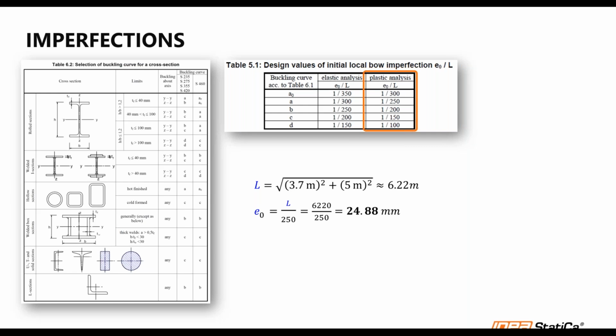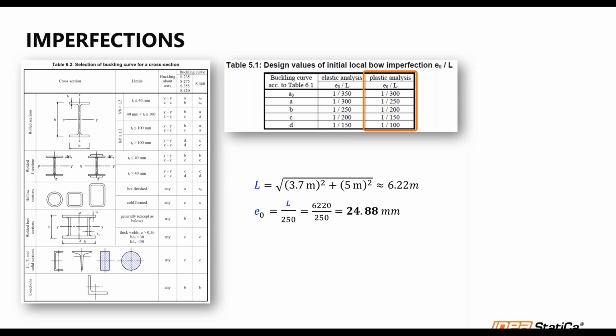Now, since our bracing is a circular hollow section, it's hot finished. So the buckling curve for any direction is A, and then according to the buckling curve and the type of analysis, we're getting the design value of the initial local bow imperfection.